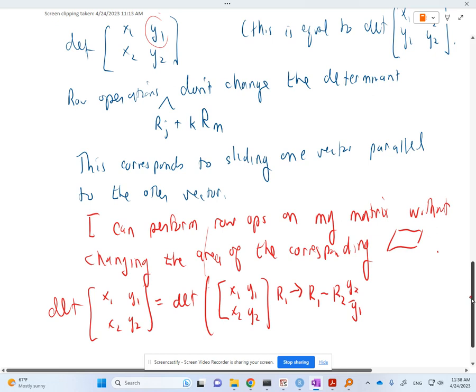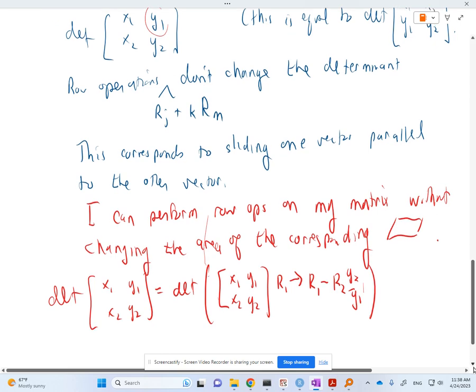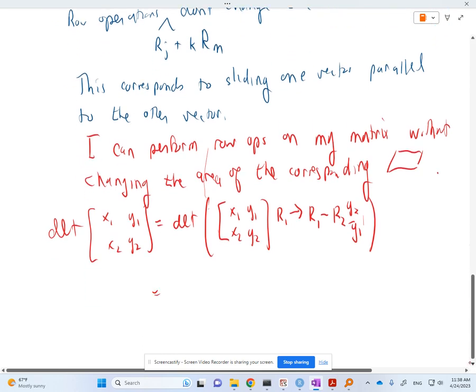Okay, so if I do that, then that's equal to the determinant of what? If I take x1 minus x2 y1 over y2, so that's x1 minus x2 y1 over y2. Here you can see the determinant popping up, and this is still x2, and then this is 0, and this is y2. Sorry, did I say this right? This should be y1 over y2.